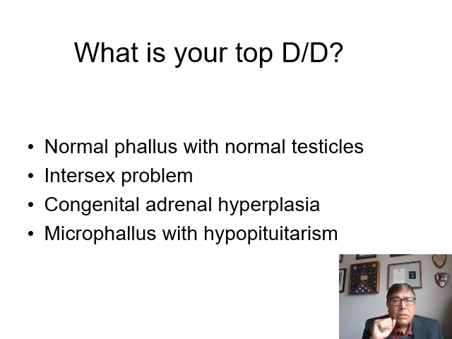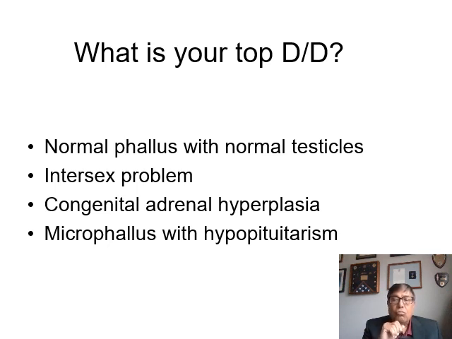Could it be an intersex problem? Very unlikely, because the presence of testicle is giving a clear indication that this is a male baby. Could it be congenital adrenal hyperplasia? Well, the most common forms of congenital adrenal hyperplasia, 21 and 11 hydroxylase deficiency, in newborn male babies will not give microphallus.